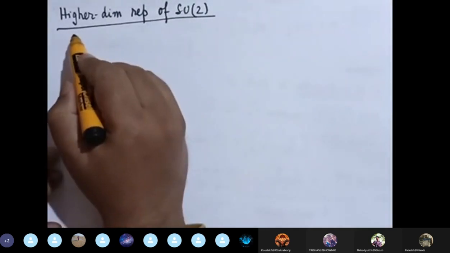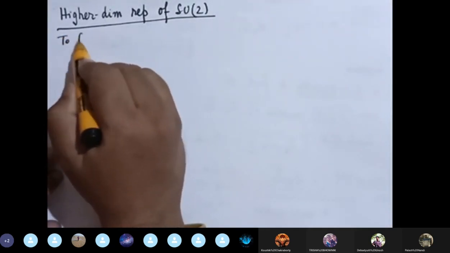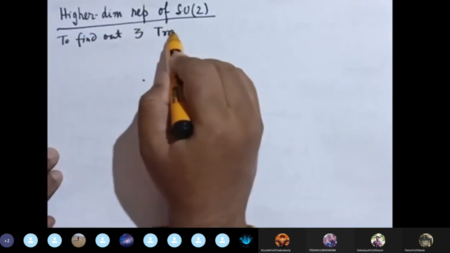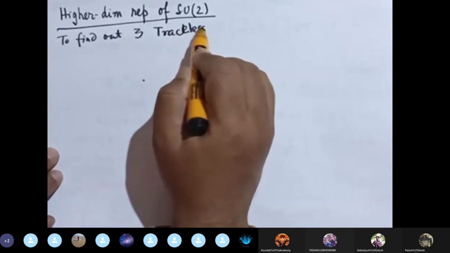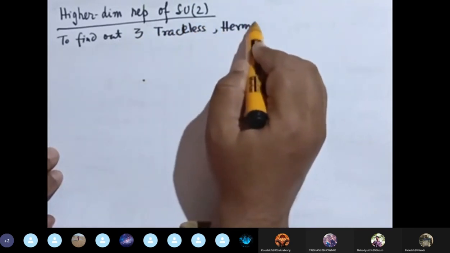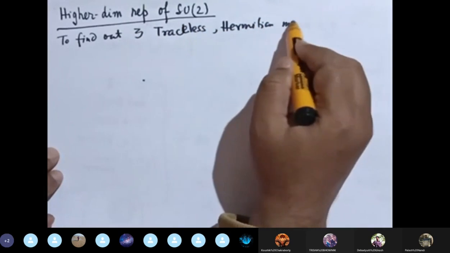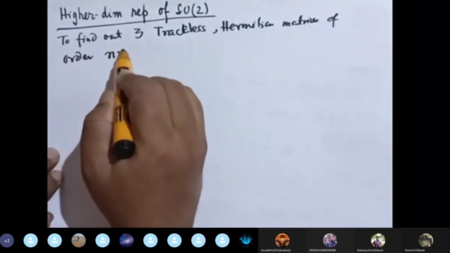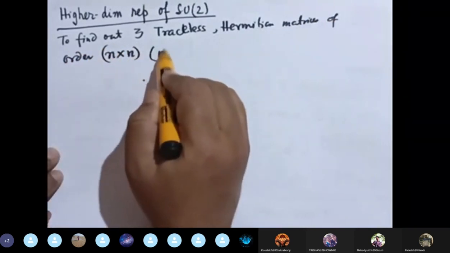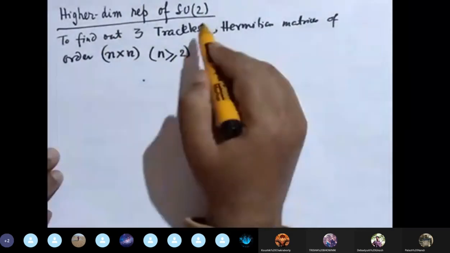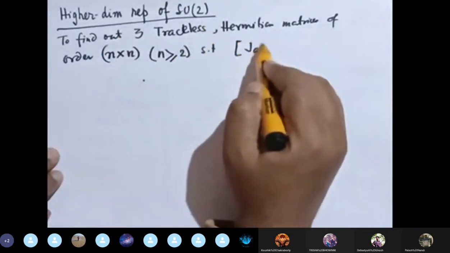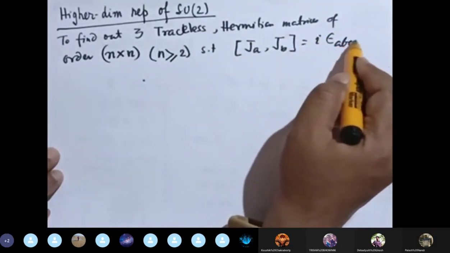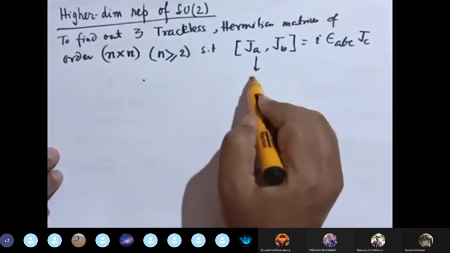We have to find three traceless Hermitian matrices of order n cross n, such that these three matrices satisfy exactly the same algebra of SU2, though they are n by n.